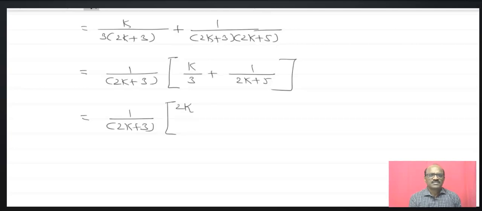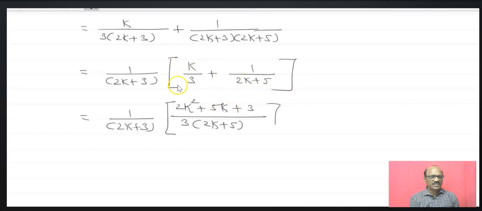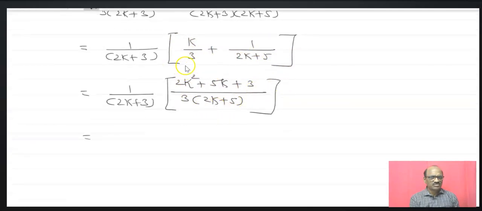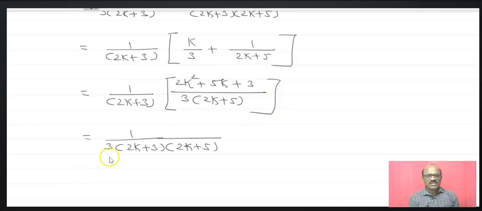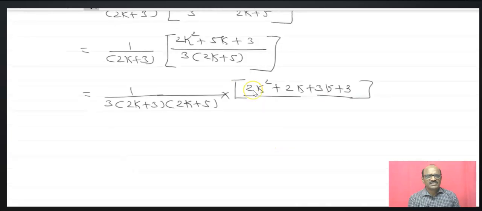That is k into (2k plus 5), then you will get 2k square plus 5k, and by cross multiplication plus 3, upon the multiplication of these two denominators, that is 3 into (2k plus 5). Therefore 1 upon 3 into (2k plus 3), 2k square plus 2k plus 3k plus 3. Now factorize this.